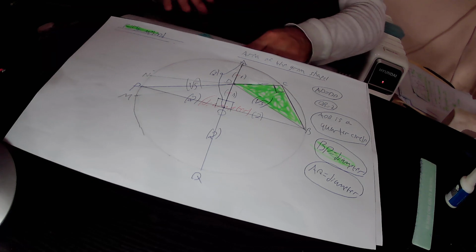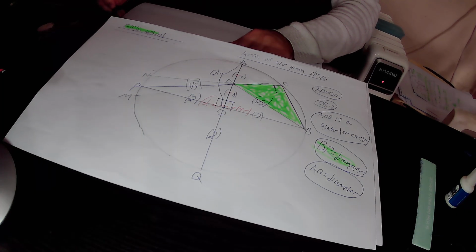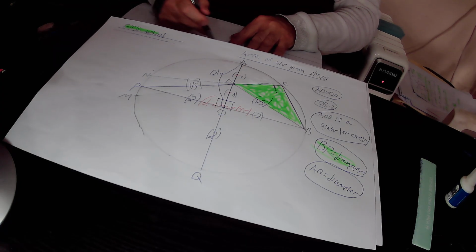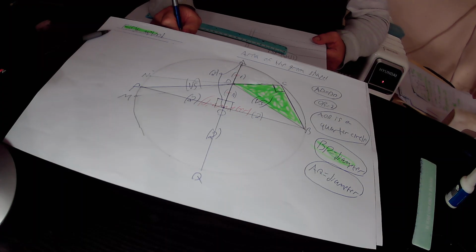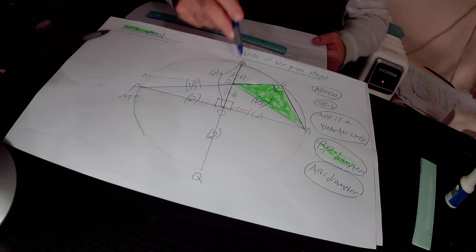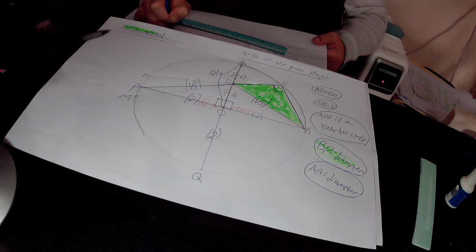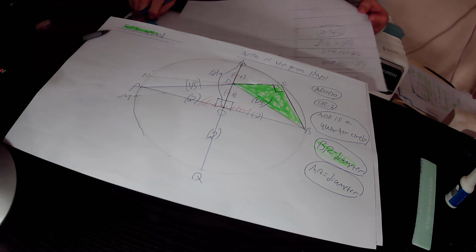So I write it now. Chord AQ intersects with this chord CP at point D. The intersection point of chord AQ with this chord CP occurs at point D. All the requirements of rule 24 are satisfied, and therefore we can implement rule 24 here.